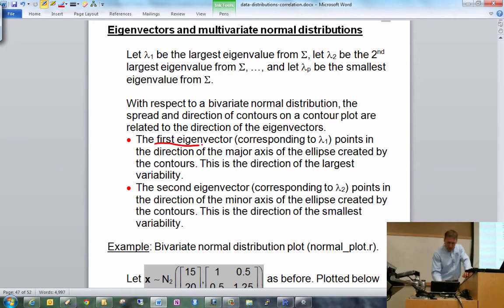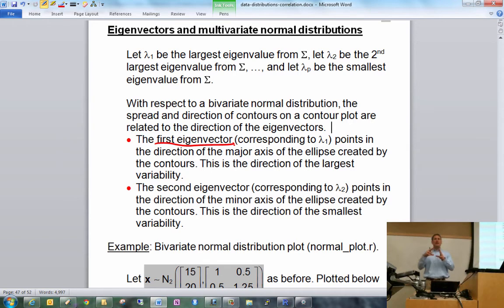Let's look at the first eigenvector, meaning the eigenvector that corresponds to lambda 1. We saw in the matrix algebra section of this course how you could simply plot an eigenvector, just thinking in 2 dimensions. Well, that eigenvector is going to point in the direction of, remember those contours that we were seeing with the bivariate normal on those plots?